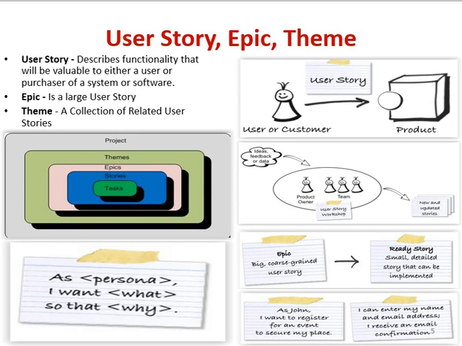A simple example of a user story should be in the fashion of: as a persona. A persona is the person to whom the identity is revealed. For example, if I am a customer and I want to build a site, then I myself am a persona. And what is my role on that website?